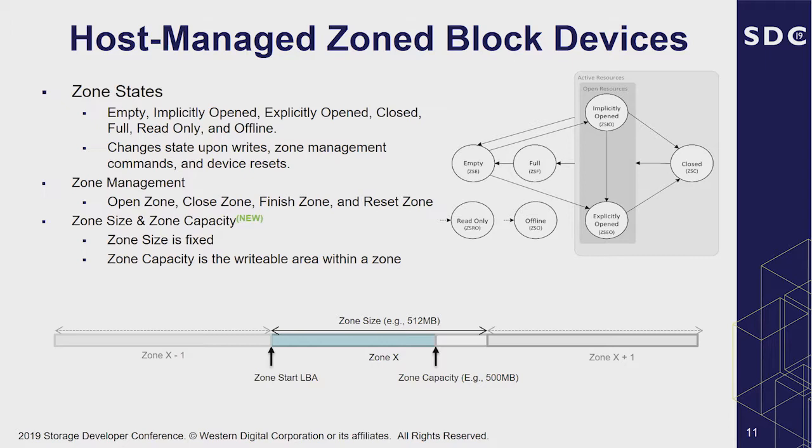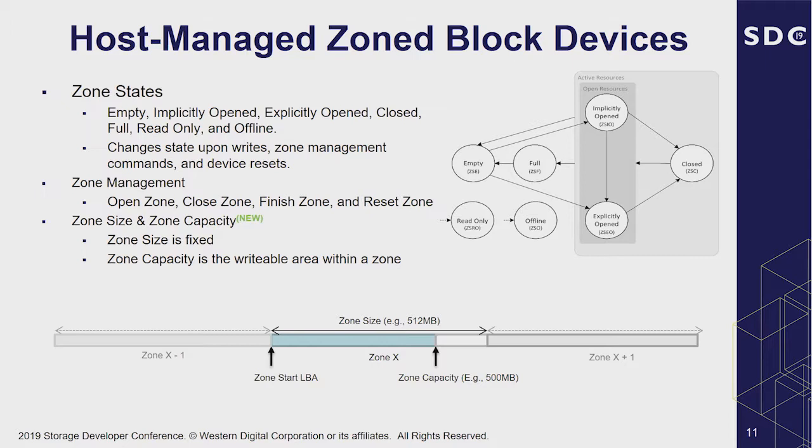And when you fill the zone, if you finished writing all its capacity, it will transition to full. And once you have reached the end of the lifetime for that data, you can send a reset command, and it will end up in the empty state. And if something goes wrong, this is undefined in the spec, but then the zone can end up in a read-only or an offline state.